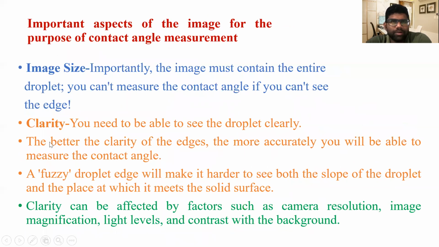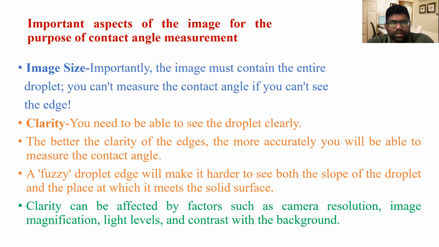Now here are important aspects of the image for the purpose of contact angle measurement. To determine the contact angle accurately, there are certain important aspects, like image size. The image must contain the entire droplet, so that we can see its edge and measure the angle correctly.